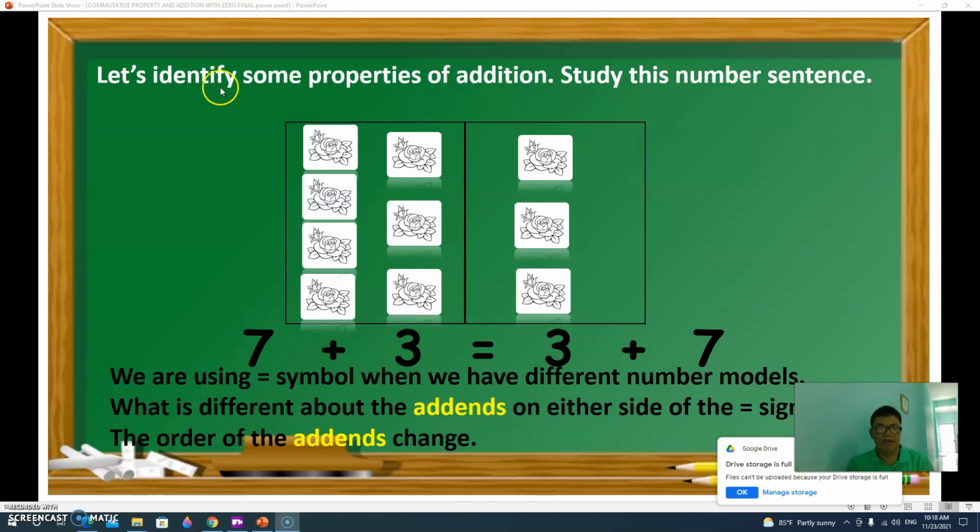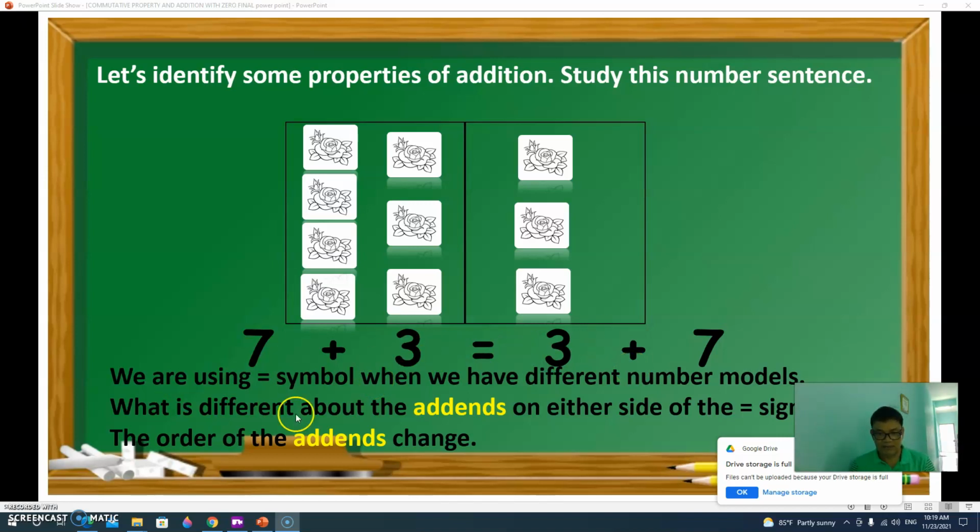Let's identify some properties of addition. Study this number sentence: 7 plus 3 equals 3 plus 7. We use the equal symbol when we have different number models.